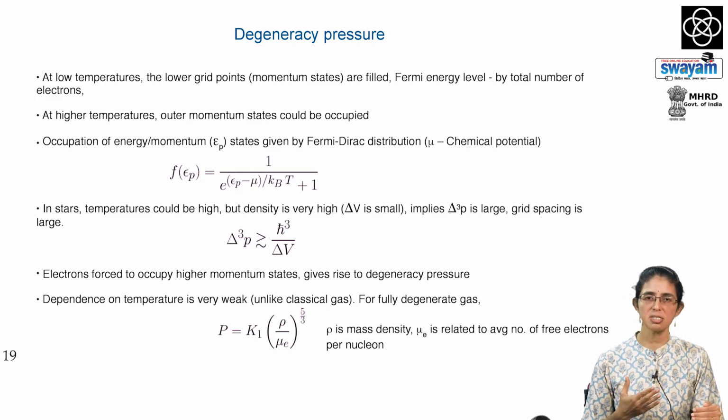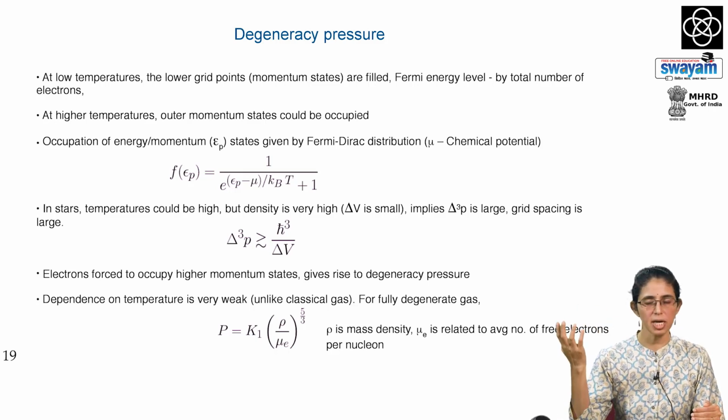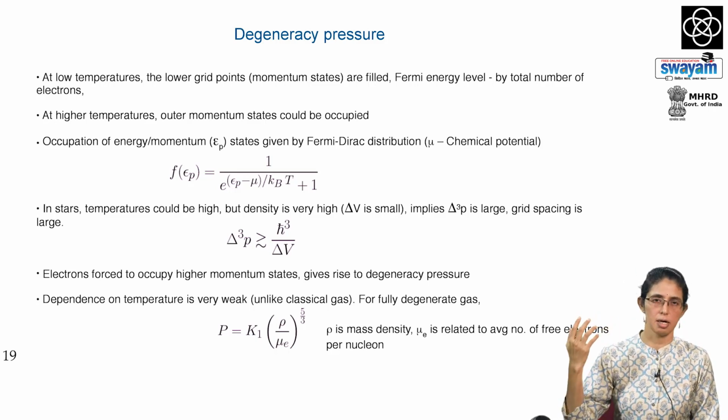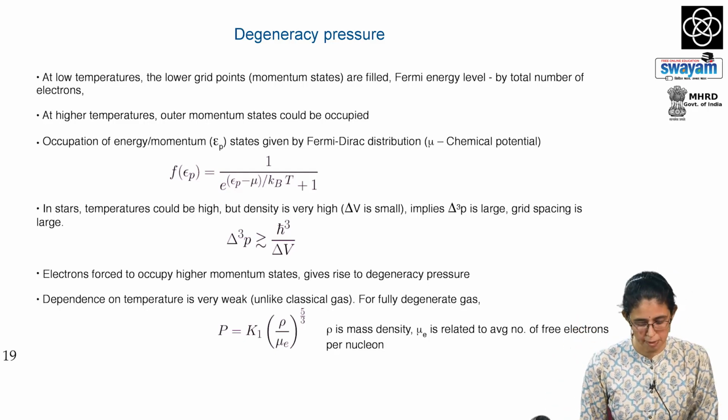However, in a degenerate system, to make the system classical, one needs to remove the electrons from all these lower energy levels and move them to very high energy levels. That requires a lot of energy, because the energy levels are very far apart in the degenerate space as a consequence of the contraction.